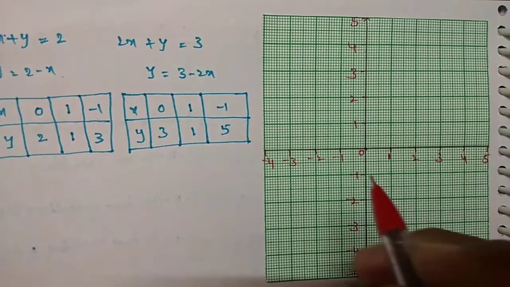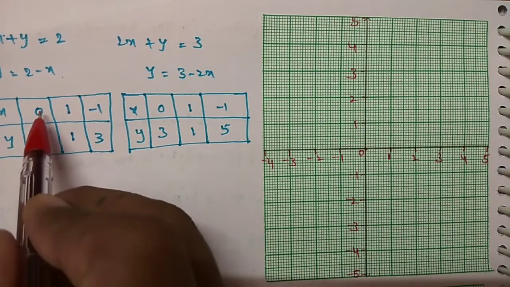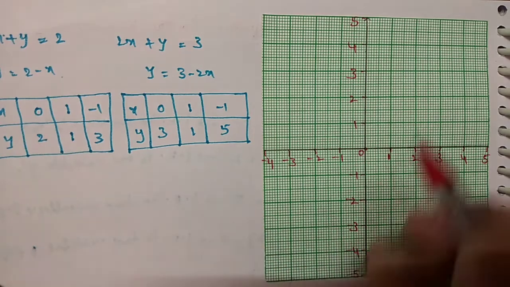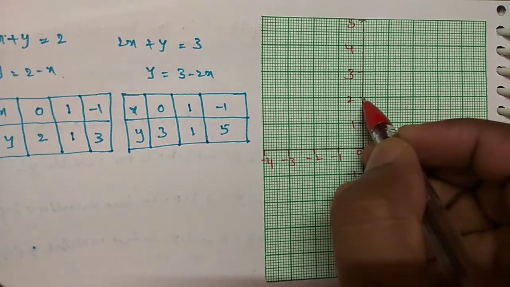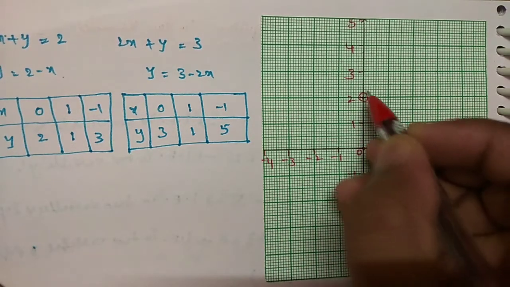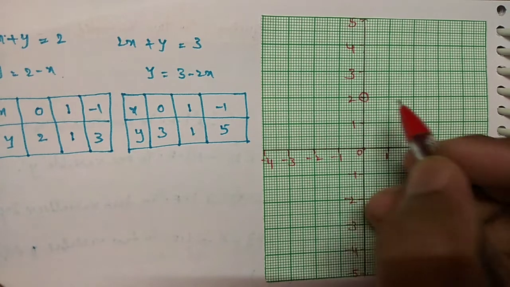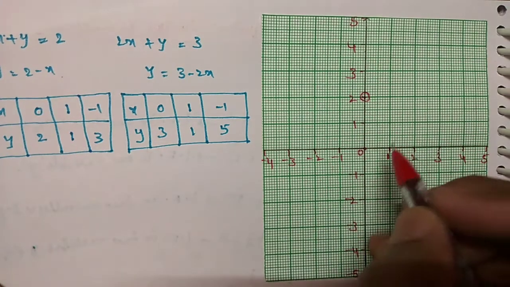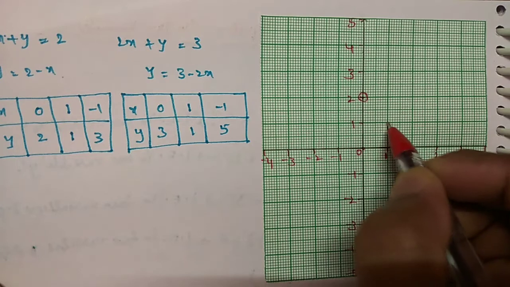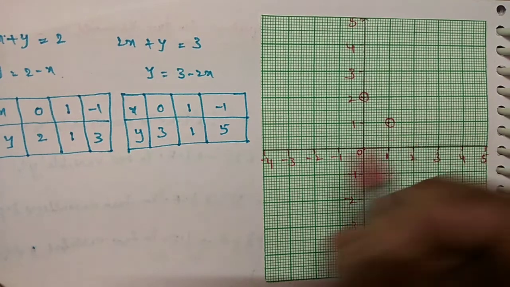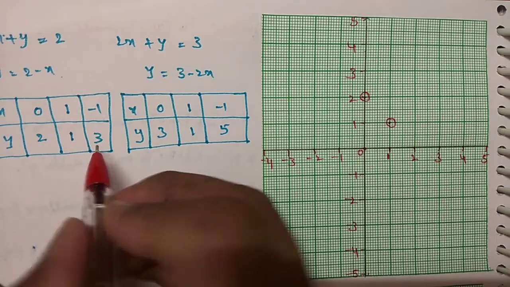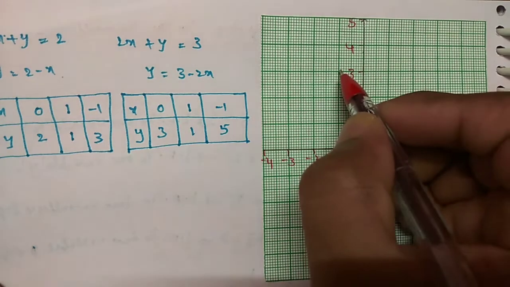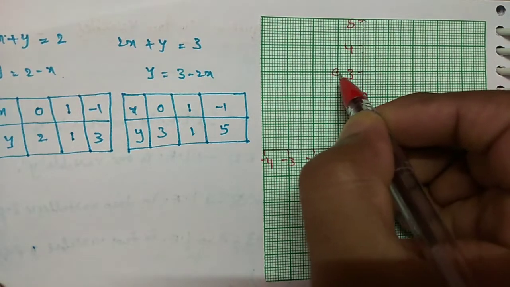Let us plot these points. The first point is 0, 2. When x is 0, the point lies on the y-axis. So this is 0, 2. Next 1, 1. The next one is minus 1, 3. This is the corresponding value.